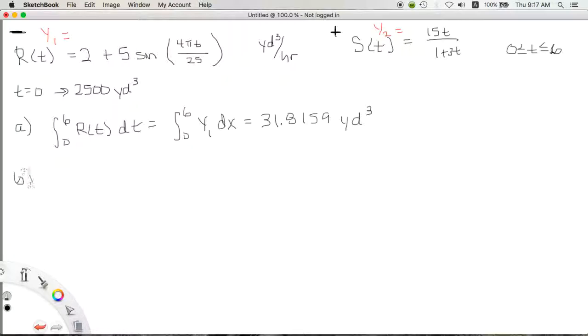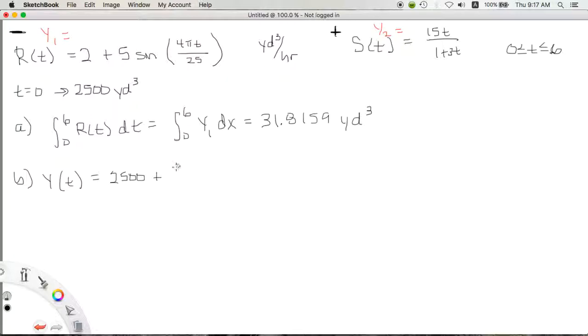Now, the second part asks you to write an expression y of t for the total number of cubic yards of sand on the beach at each time. So we want how much sand is there. Well, what did we start with? We started with 2,500, and then we have to figure out what we're removing and taking away, and adding.